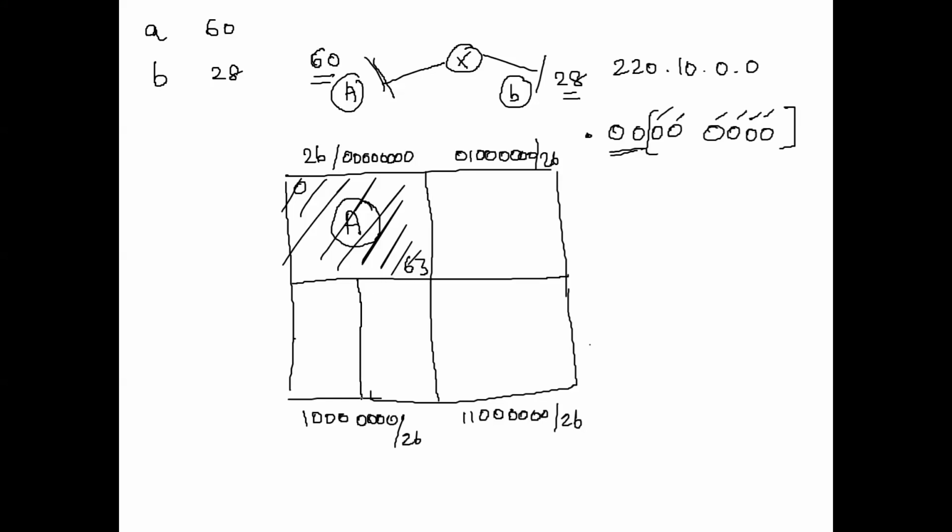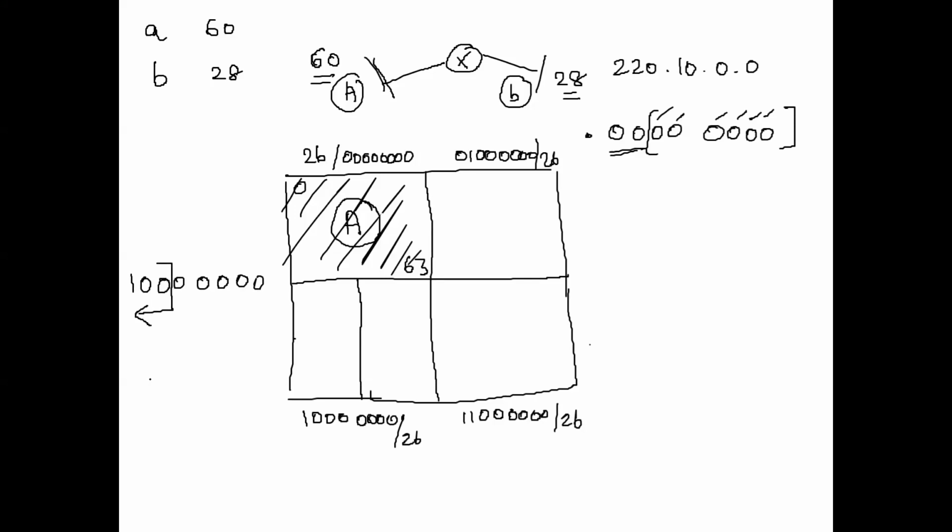To put it into a half, let me take this 1 0 0 0 0 0 0 0. I just take one more bit and put it into two portions.